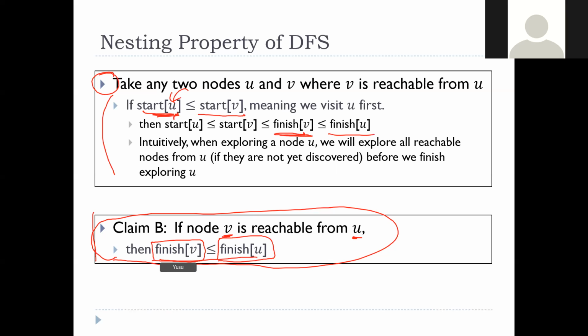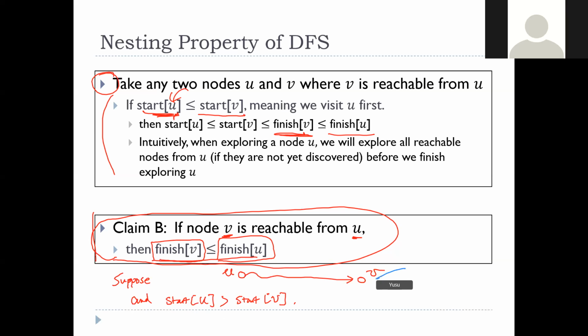Okay, and this is again a consequence of the previous slides, because suppose that V is reachable from U. So this is okay, and suppose that the start time of U is bigger than the start time of V. Okay, what does this mean? This means that in my DFS exploration, we first discover V. Okay, and now when I discover V, I will only explore everything that's reachable from V, essentially using this.